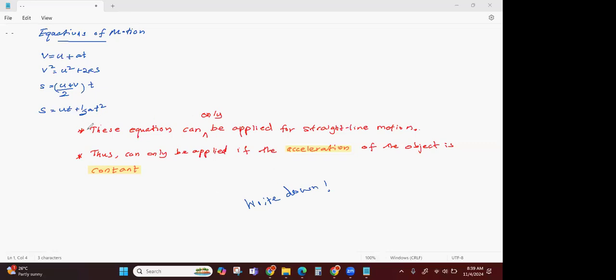Okay, write down these two lines. And let's do some questions based on this.